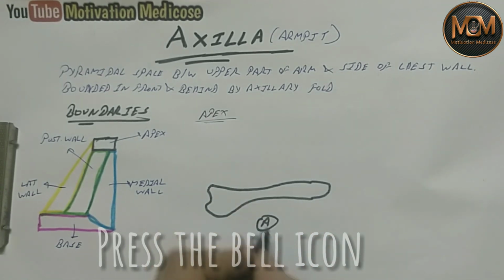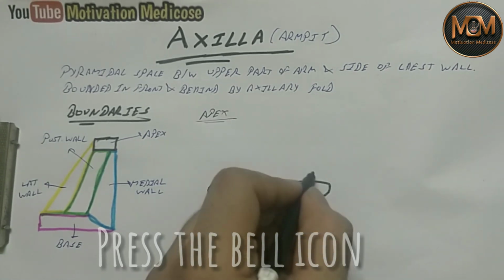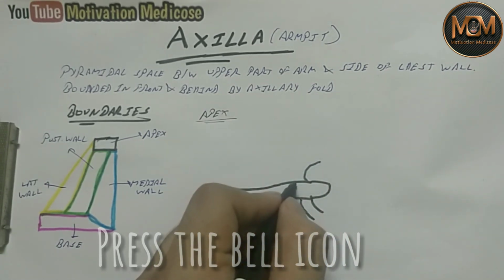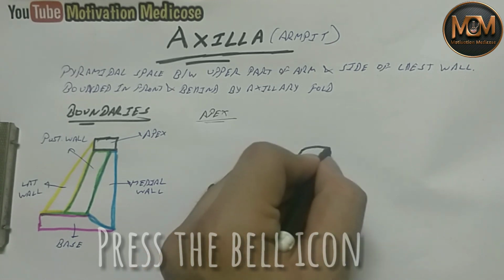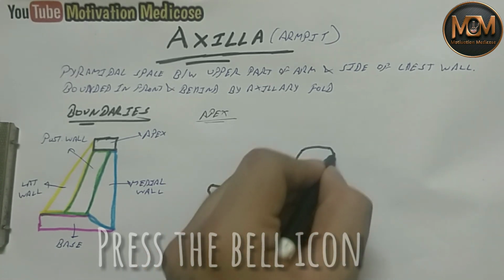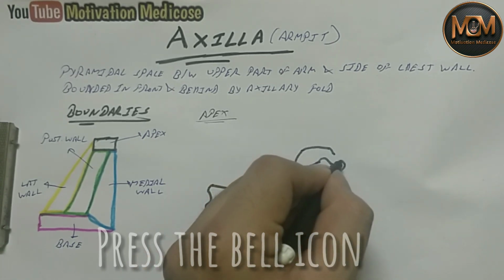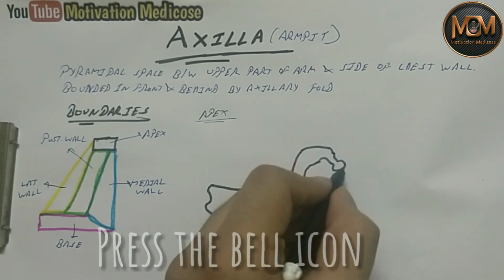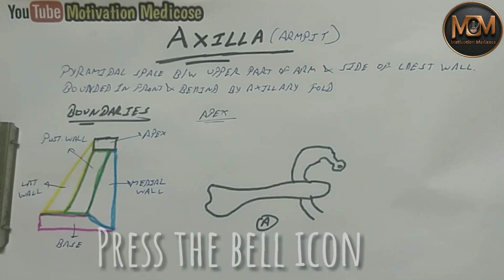This is the anterior side, and on the medial side there will be your rib.